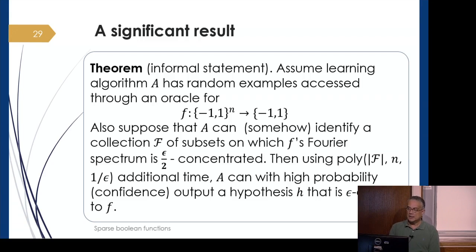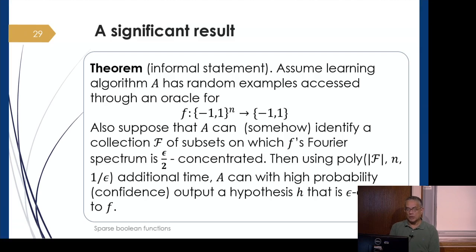Then what we can say is, using polynomial time in the size of this subset F, where the Fourier coefficients are concentrated, n, the size of the input, and 1 over epsilon, our algorithm can, with high probability, which is the confidence delta we used to have, output a hypothesis H that is epsilon close, bound to be within epsilon of f. So we will see in a few minutes a detailed example of this, but for now, the main ideas are two in terms of interpreting PAC learning.